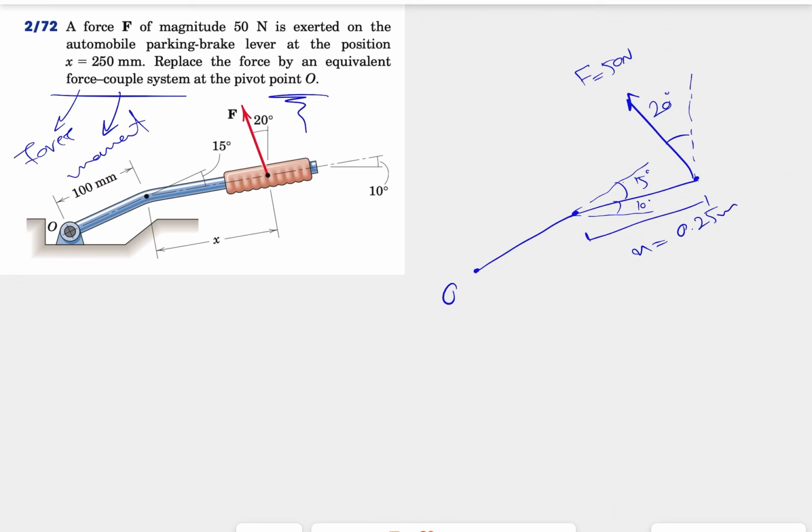And we also know this distance is 100 millimeter, again 100 divided by 1,000, we get 0.1 meter. And that's pretty much what we need. We can just consider another x and y in here too. Let's do this x, and this would be our y axis.